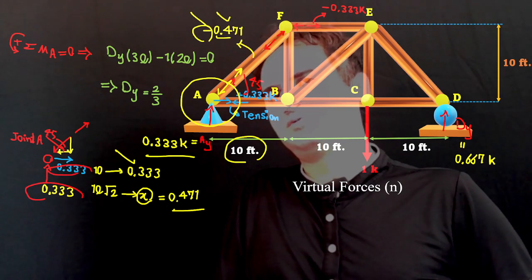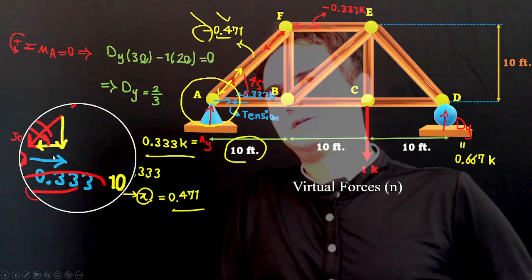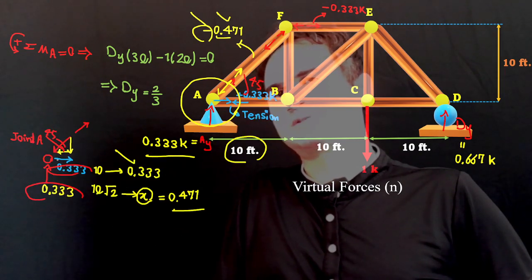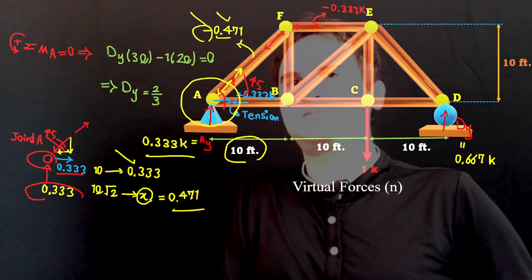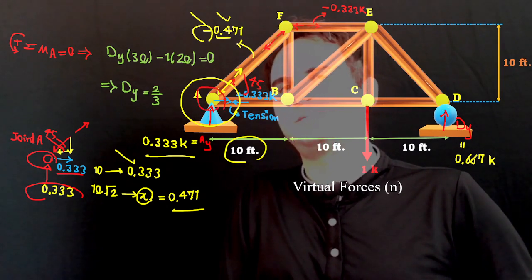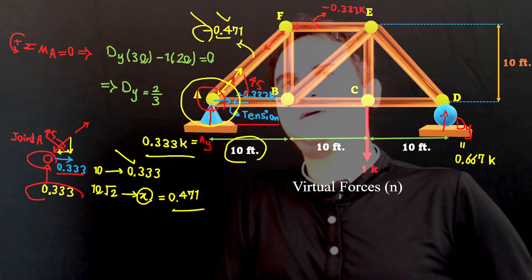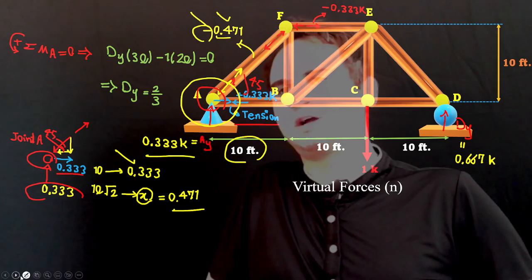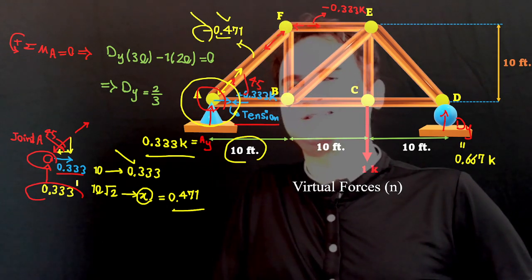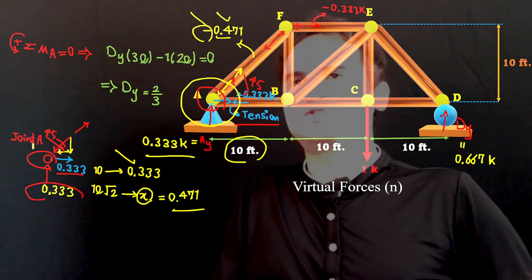If this is a push to the joint, then there should be a force cancelling out that force, which pulls the joint. If it pulls the joint here, it should pull the member as well. So the member AB is a tensile member, as you can easily observe from observing joint A.